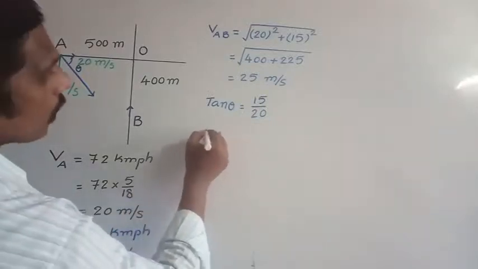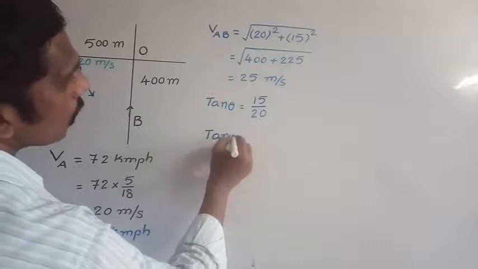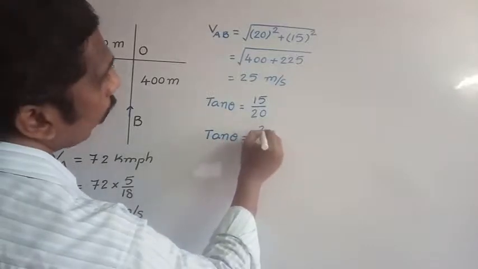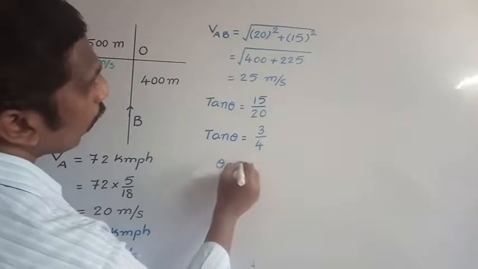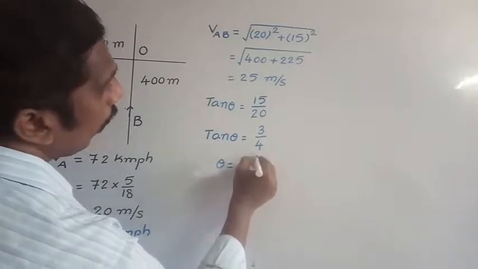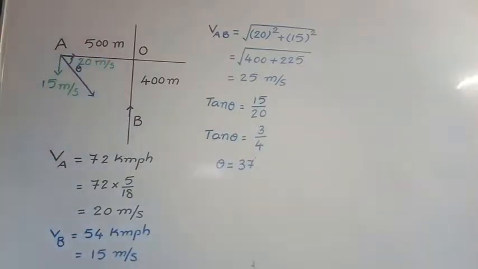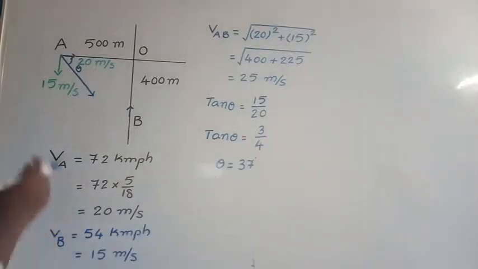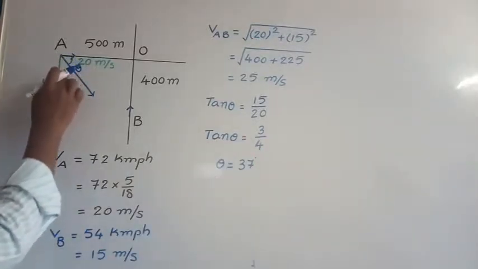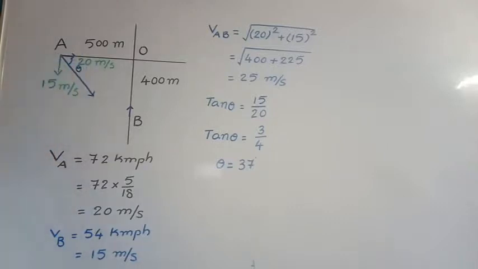From this, tan theta is equal to 3 by 4. The tan theta value 3 by 4 means theta is equal to 37 degrees, since tan 37 degrees is 3 by 4. That means the resultant makes an angle of 37 degrees with the horizontal.